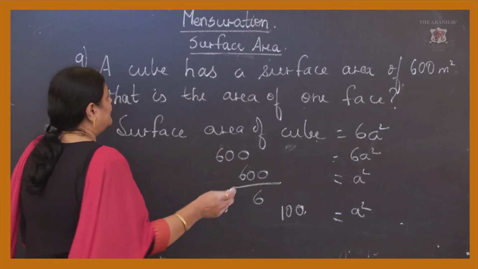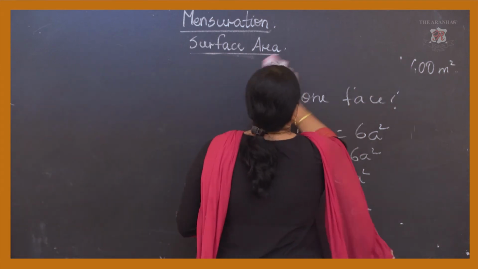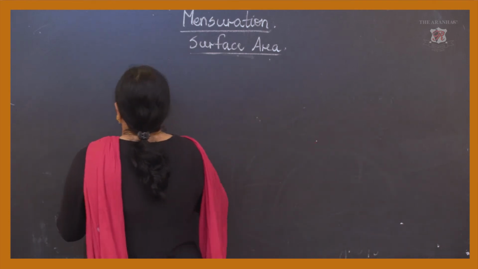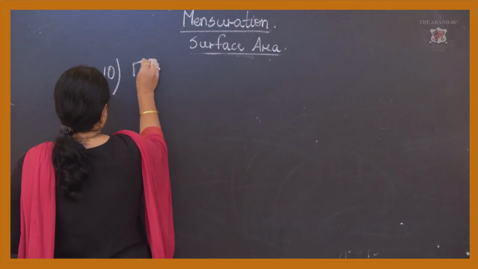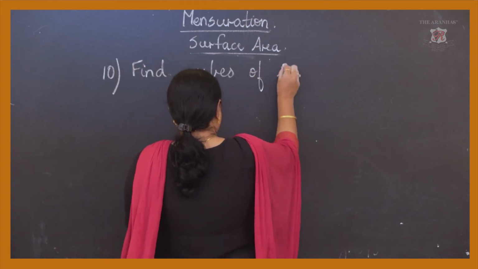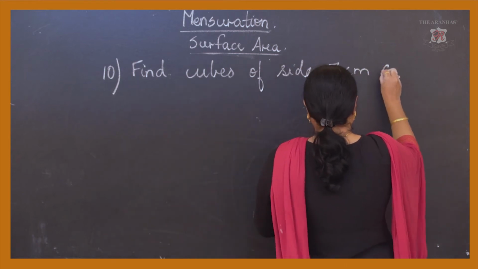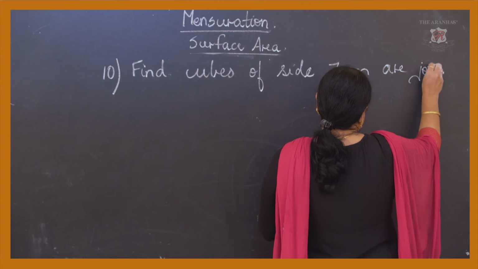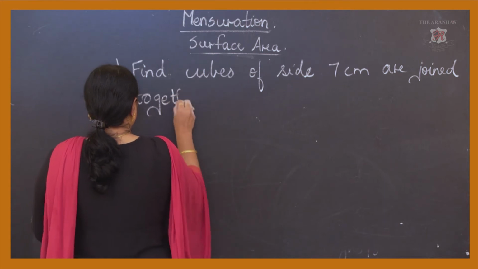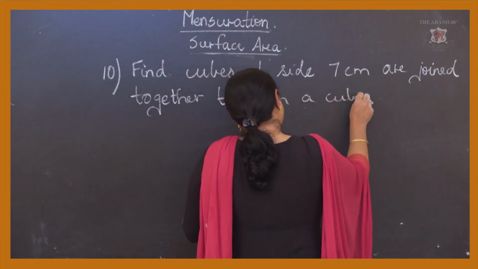Okay. Next we are going to take the other sum. The cubes of side 7 centimeter are joined together to form a cuboid.